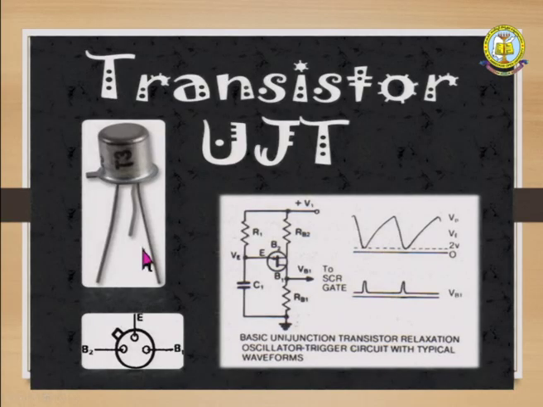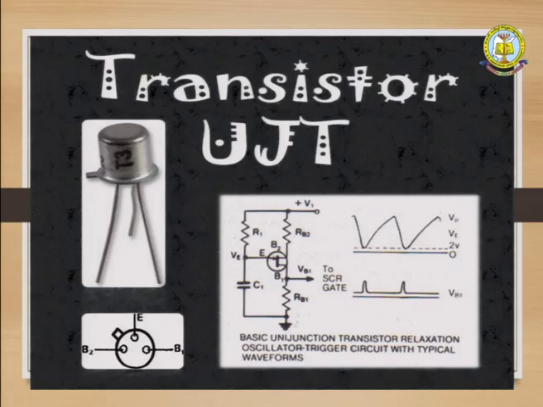This is also the same, a 3-terminal silicon semiconductor. 3 terminals means base, emitter and collector. Okay, here also, in UJT the names are changed. FET is based on gate source voltage, gate, source, drain.